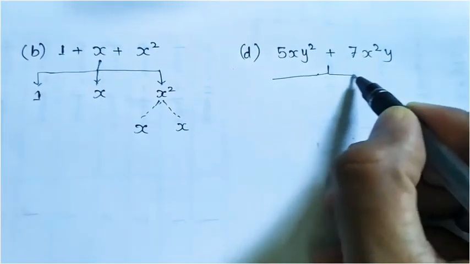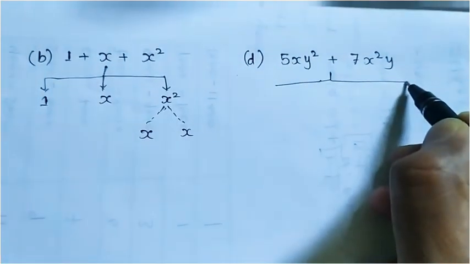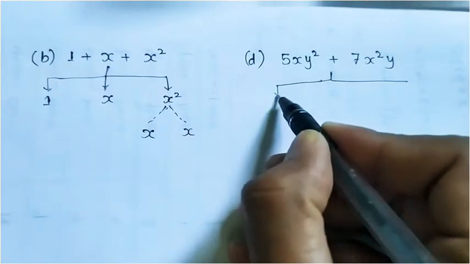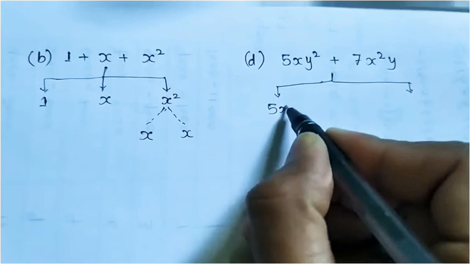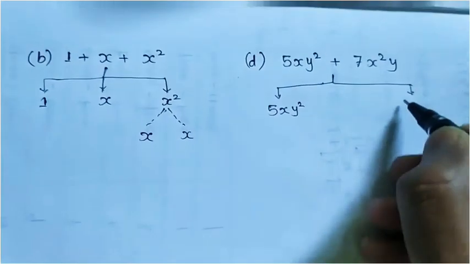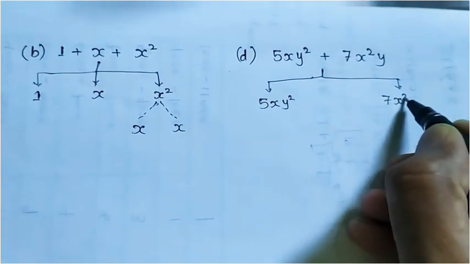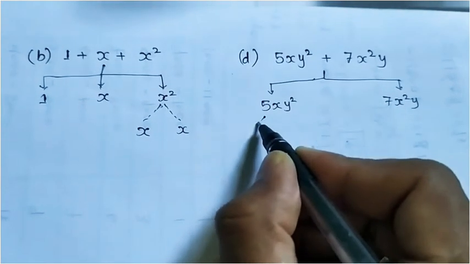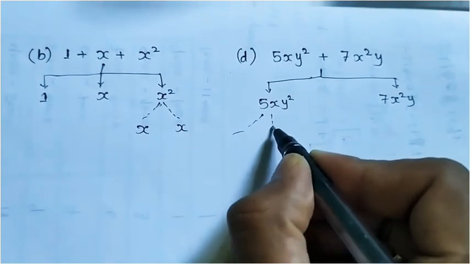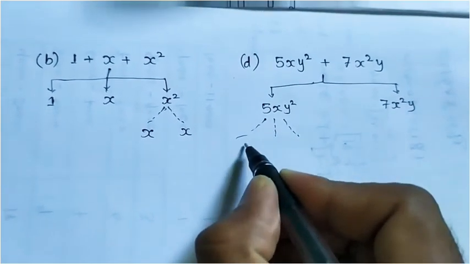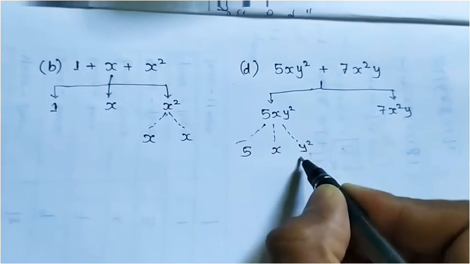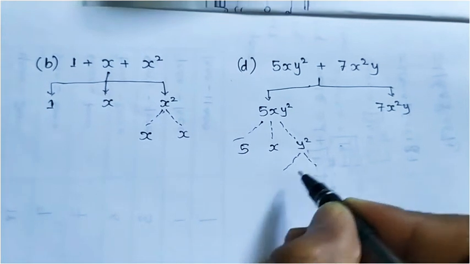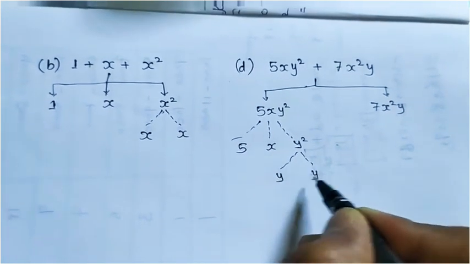Now see C for your practice, and D I will solve here. Two terms are there in D: 5x y square and 7x square y. The factors are 5, x, and y square, which we can again make y into y.